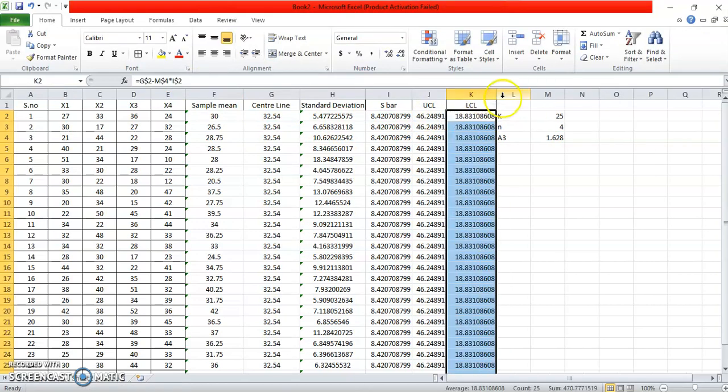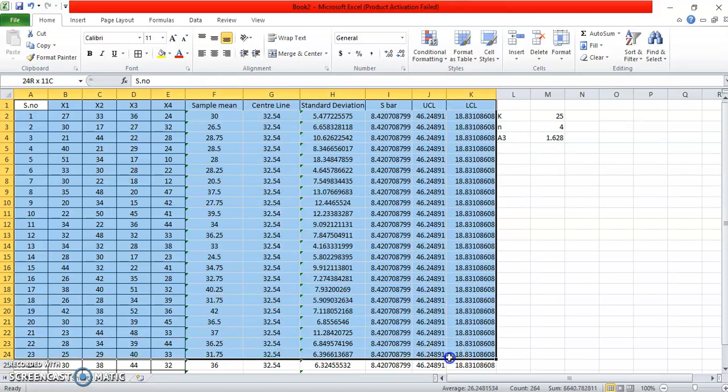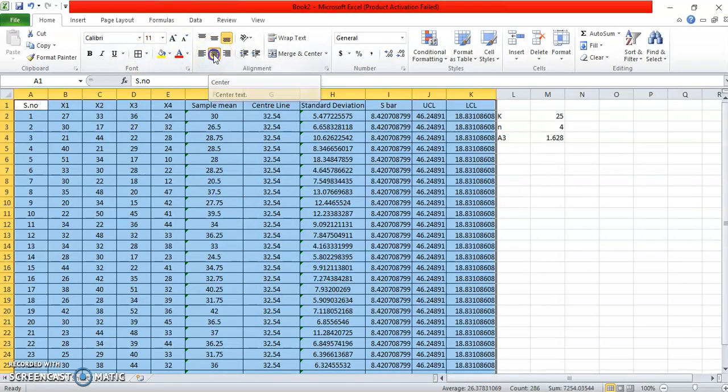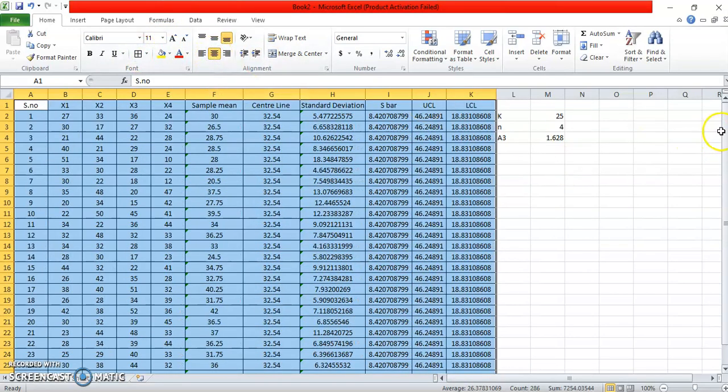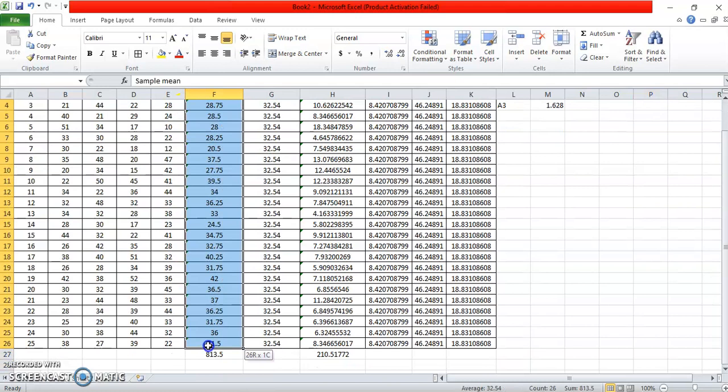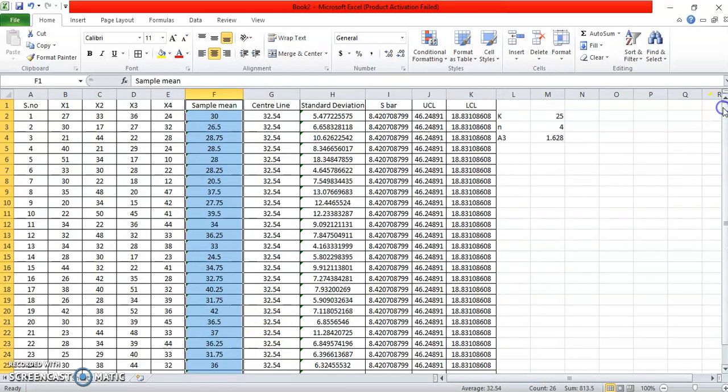Okay, now we are here with all the values which we actually require to prepare an X bar chart. So ultimately our attempt is to prepare an X bar chart. Which values will we be using? First we'll be using the sample mean, right? And then the value of your central line.